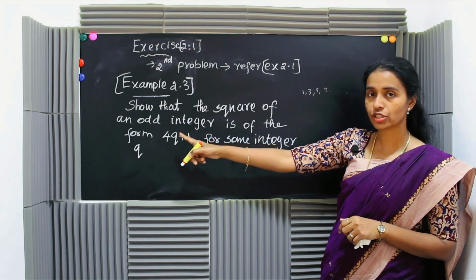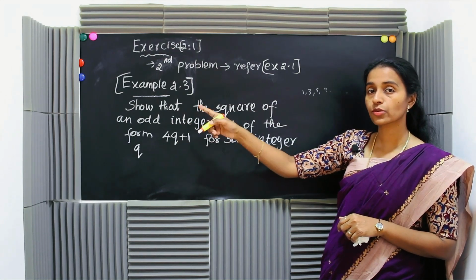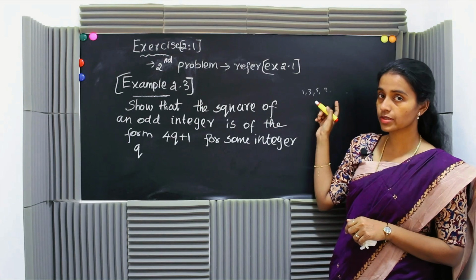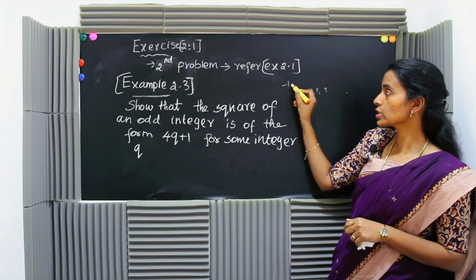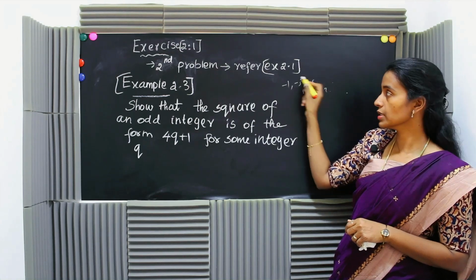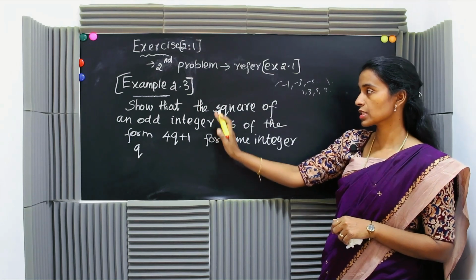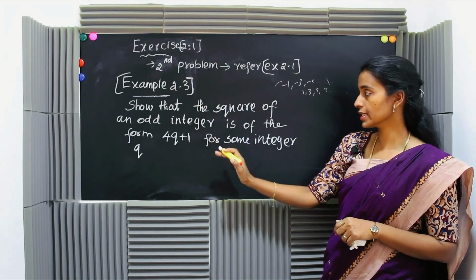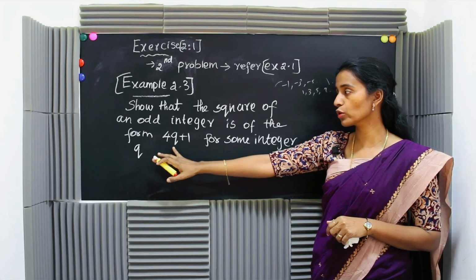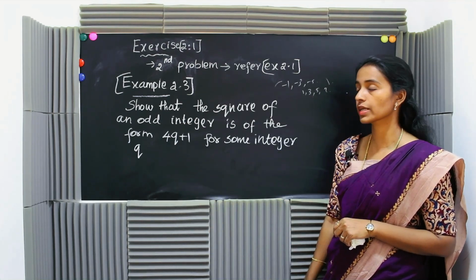But they didn't mention whether it is positive or negative, right? So I have to include negative numbers also: -1, -3, -5 and so on. These are all odd integers. The square of this odd integer is of the form 4q plus 1. You need to show this.